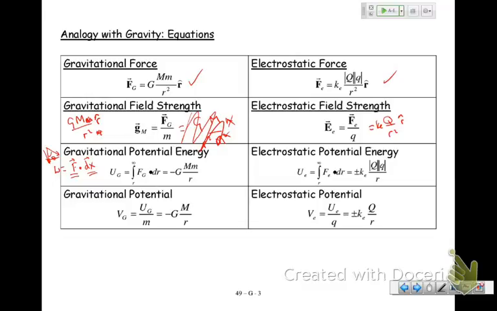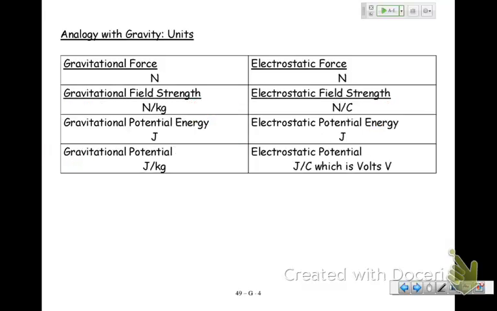And then we define our potential, and we just say, well, I'll take that potential energy and divide it by the mass, the little mass. And take your electrostatic potential energy and divide it by the little charge. So I'm just trying to get more and more familiar so that these forms become pretty helpful. So this is actually quite useful, just knowing that units are your best friends.